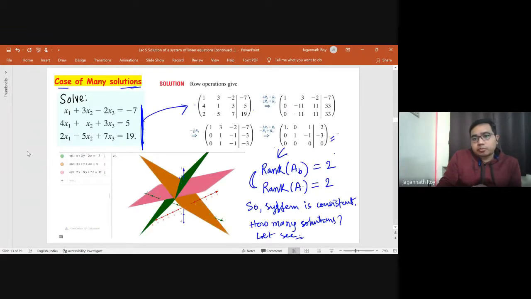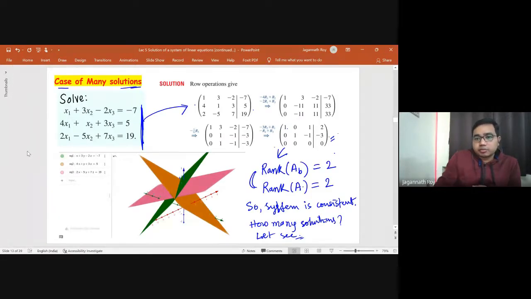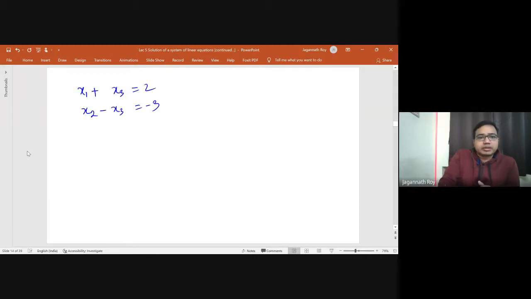Then x2 minus x3 equals minus 3. So from this last matrix, we have this system. Actually, this was a 3 by 3 system. Now we have reduced it to only two equations, as we have seen that only two are independent.